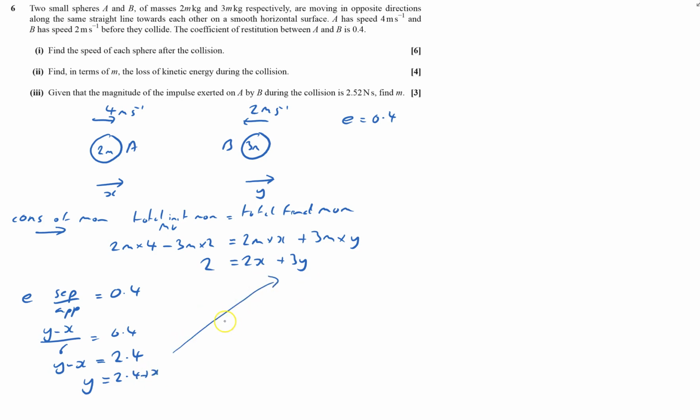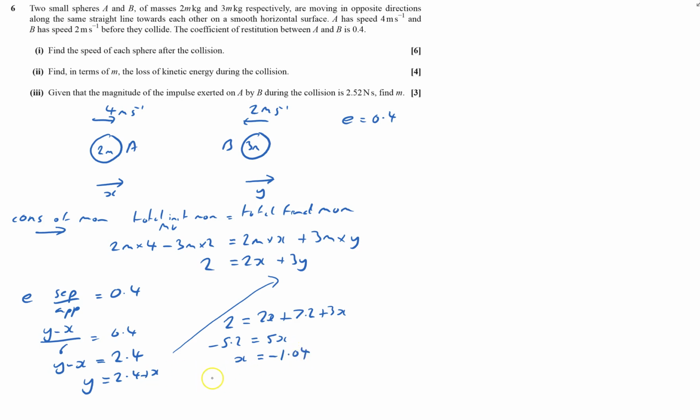I can substitute that in up there to get 2 equals 2x plus 7.2 plus 3x, and that gives me minus 5.2 equals 5x, so x equals minus 1.04.